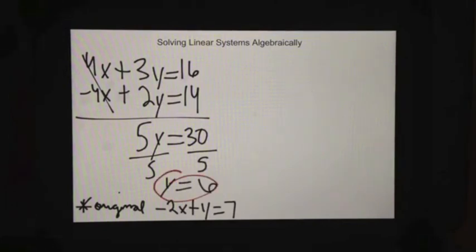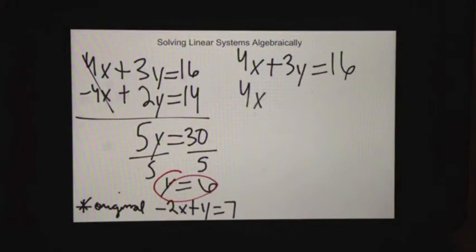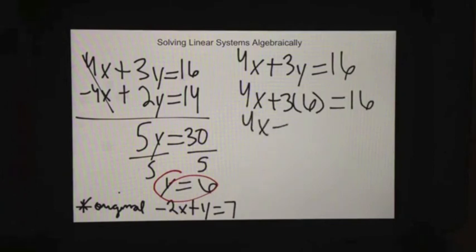Now you want to plug your y back into one of your original equations, and the original equation was 4x plus 3y equals 16. So now you plug your y back in, which is 6: 4x plus 3(6) equals 16. So you have 4x plus 18 equals 16.